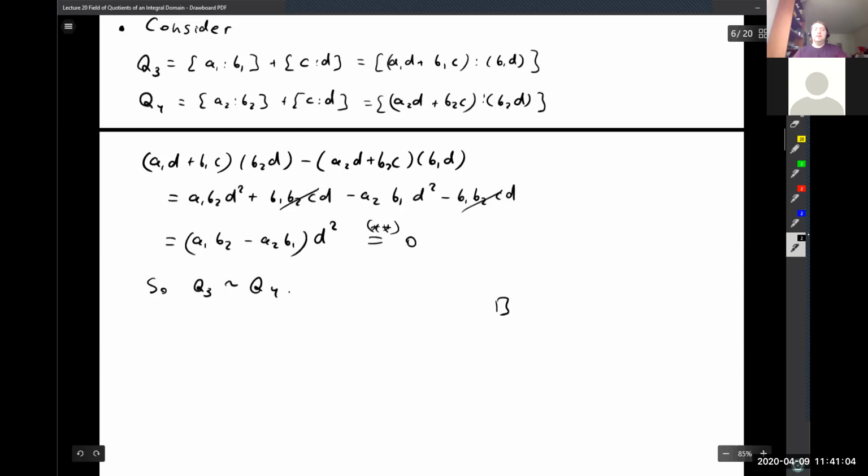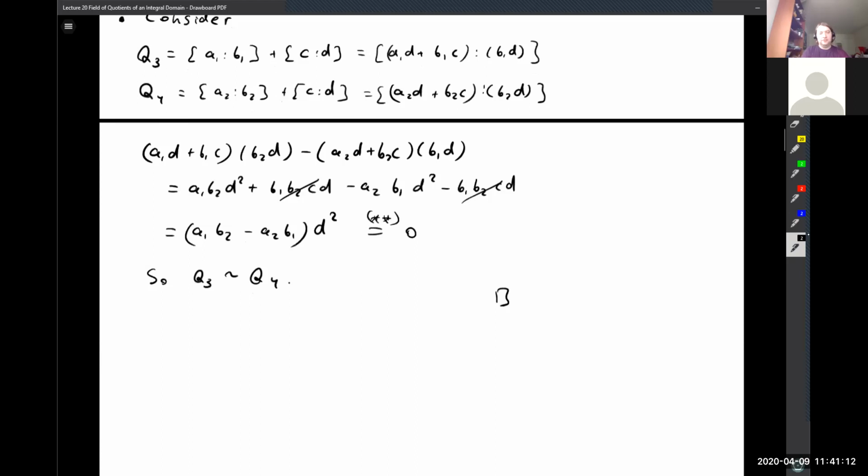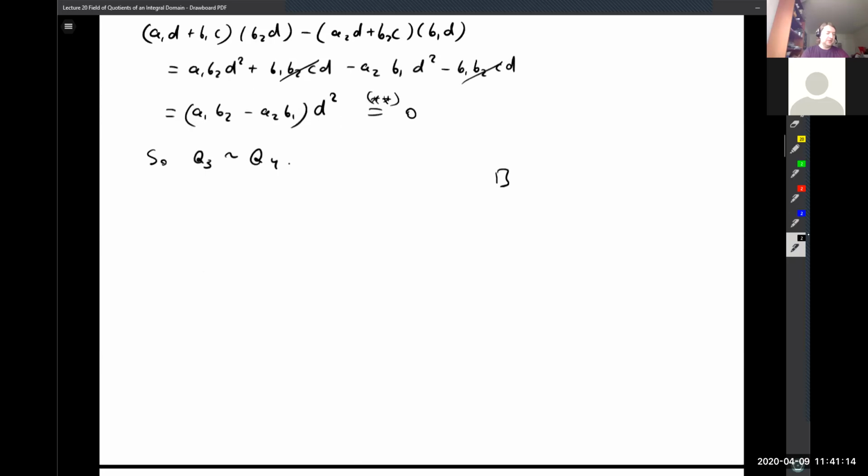Okay, so this gives us well-defined binary operations, addition and multiplication, on the equivalence classes of quotients. So basically the next proposition would be that F together with these binary operations forms a commutative ring. Proposition 1.